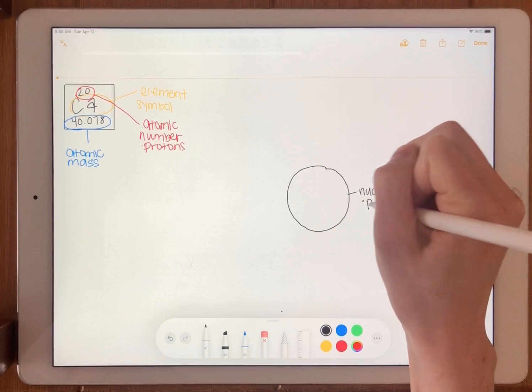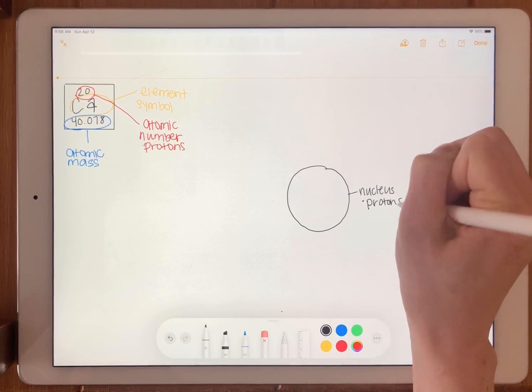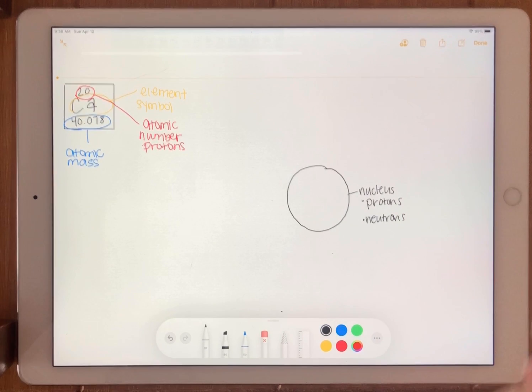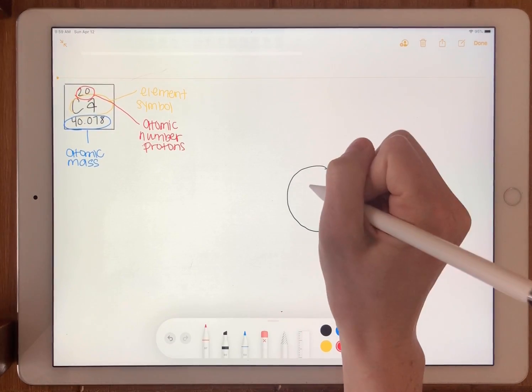This holds the protons and neutrons. I will put 20 protons in the center, and for the sake of space, I will just write 20p. You will draw 20 circles instead.